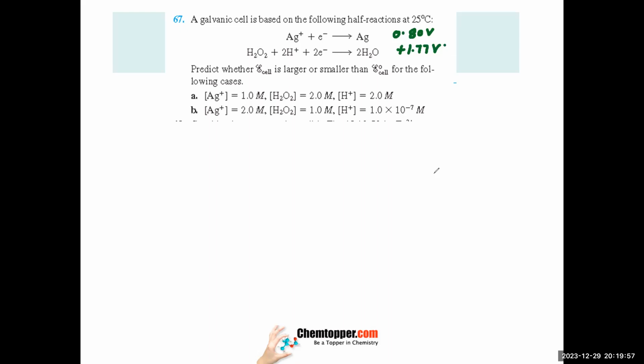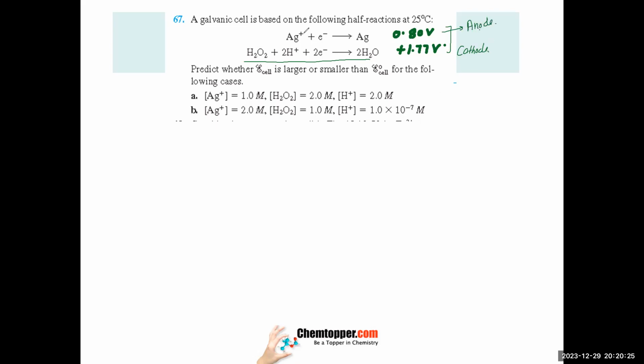Which reaction would like to undergo reduction? What is cathode here? What is anode? Compare their reduction potential. Which one has higher reduction potential? This one. This is cathode. And this will be anode.